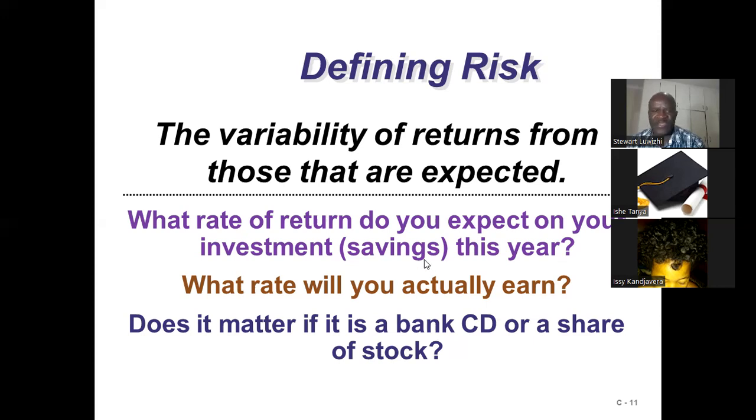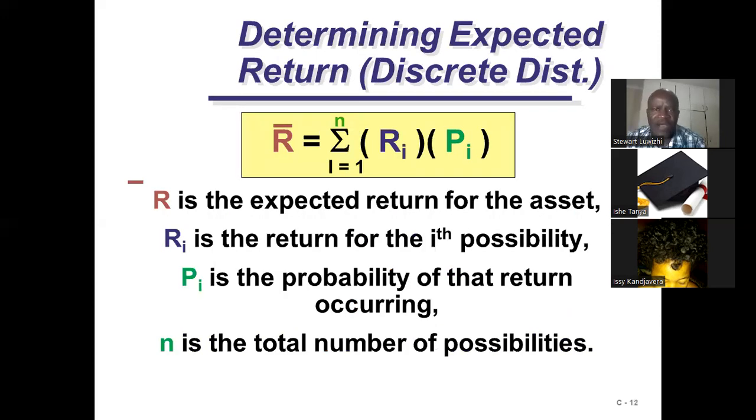Let's say you expect 25%. Then at the end of the year, what is the actual rate we get? Perhaps we get 15 instead of the 25. Therefore, it means we have not obtained what we're looking forward to getting. That is risk.